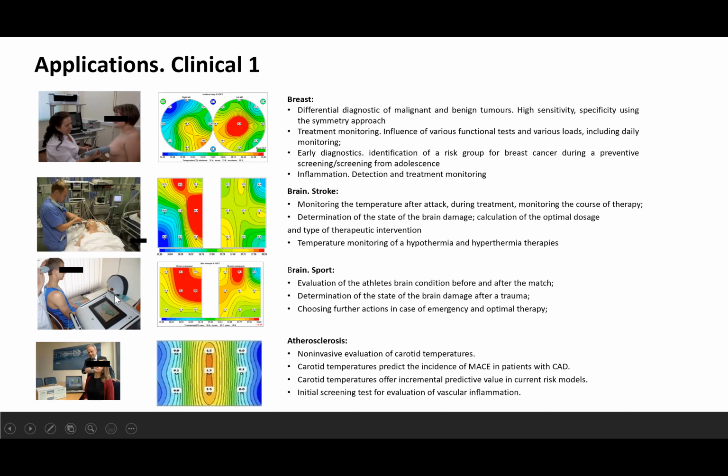This other picture shows a young boxer, and we could evaluate brain condition before and after any match, on sport trauma, including boxing, football, baseball, or whatever could cause brain trauma. Greek colleagues recently published an investigation about the importance of measuring temperature of the carotid arteries, and they show that if carotid artery internal temperature increases, it could cause stroke with much higher probability.